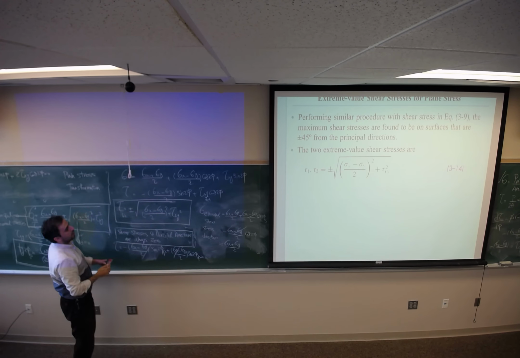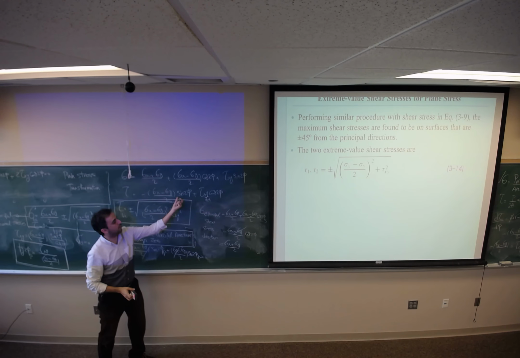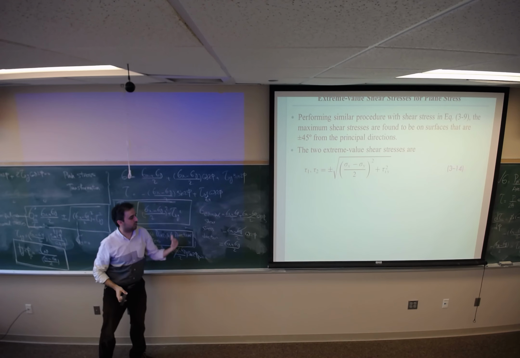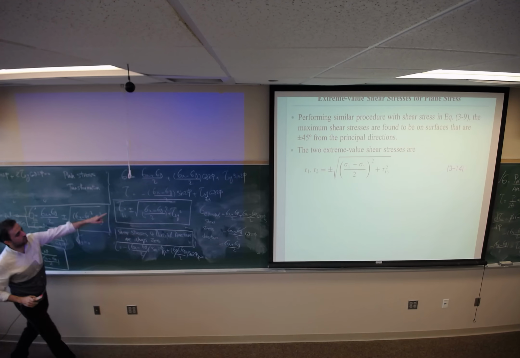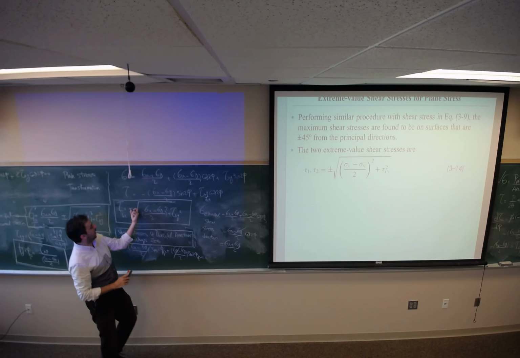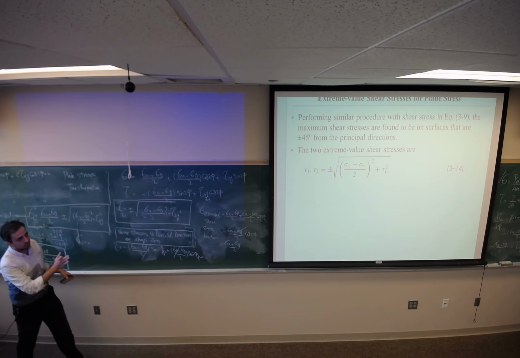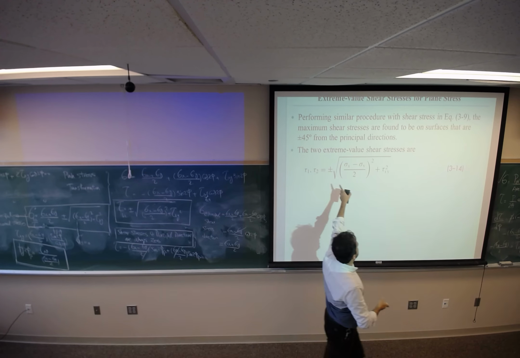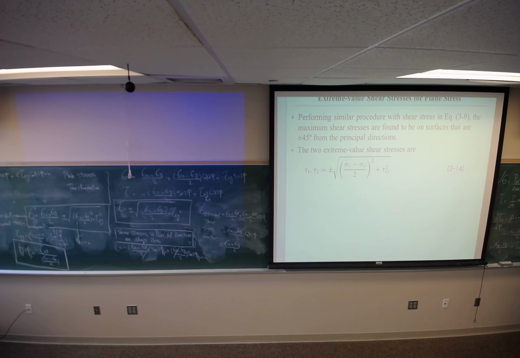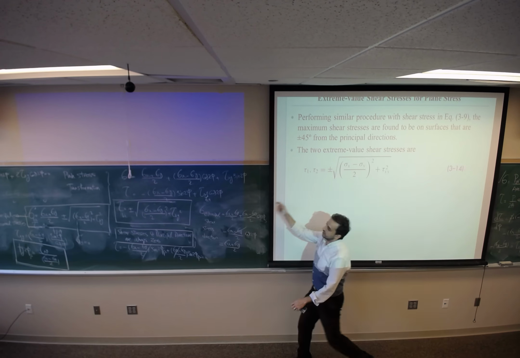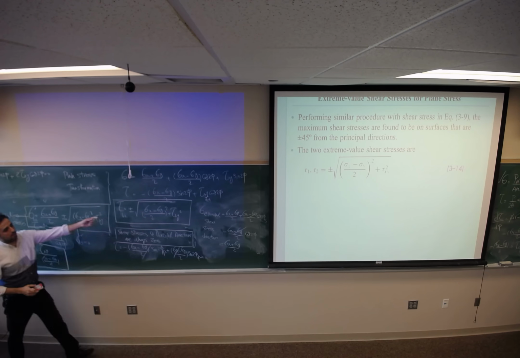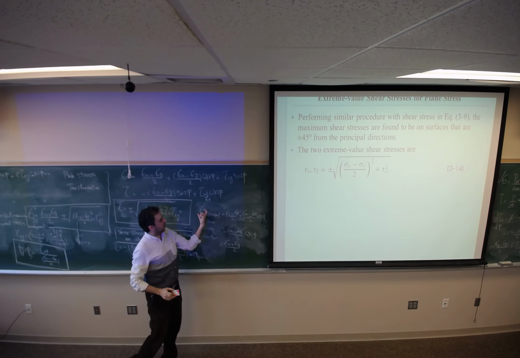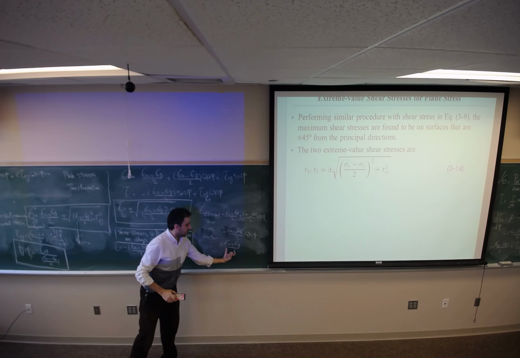If I plug in sine of 2 phi and cosine of 2 phi at phi s, the principal shear stress direction, I will get this value for the shear, which is the extreme value. I don't want to say maximum because you will see shortly that we should be careful using the term maximum for this equation. It's an extreme value. And the normal stress at that direction is going to be this.